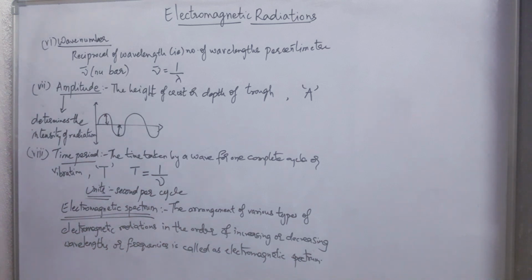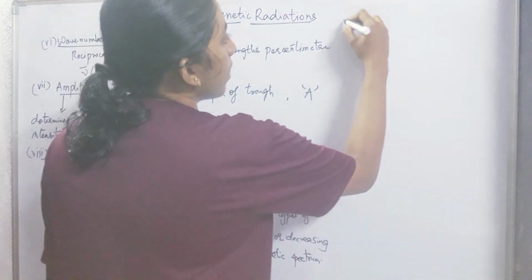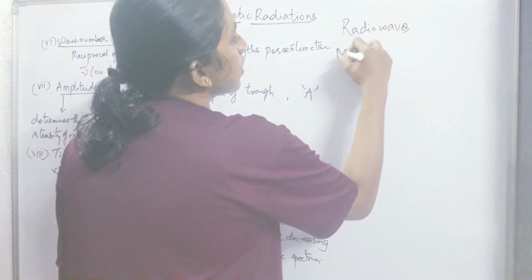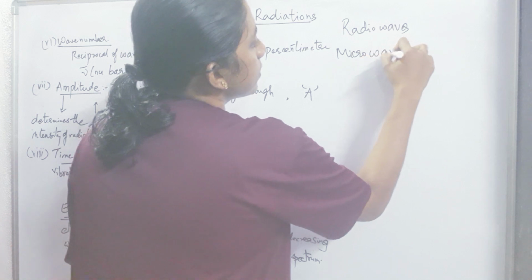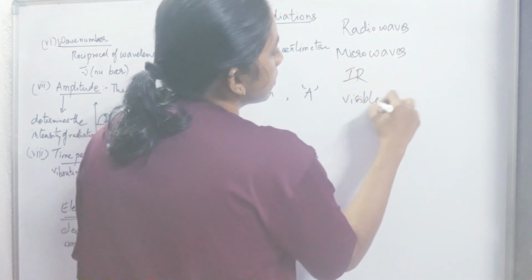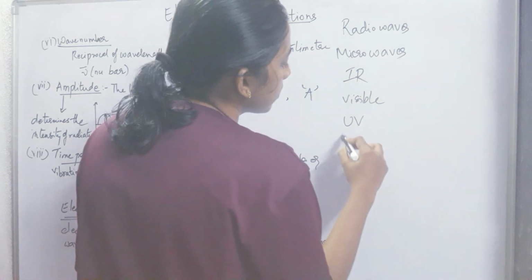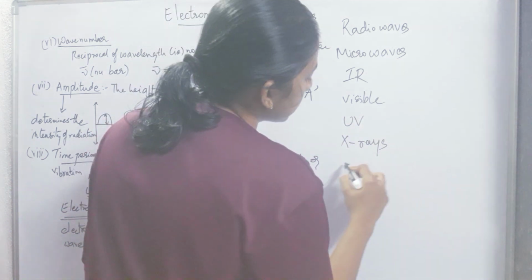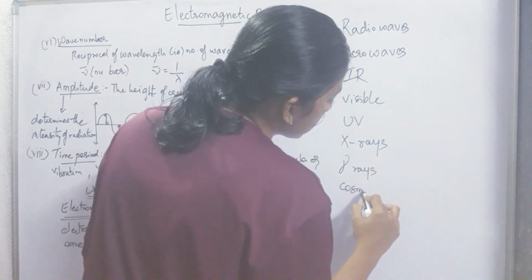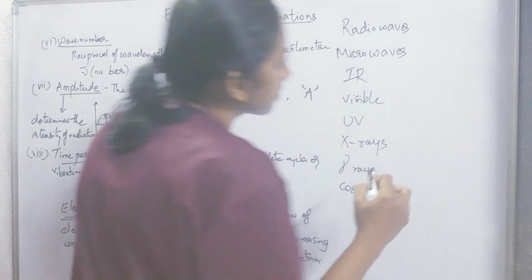The arrangement of various types of electromagnetic radiations in the order of increasing or decreasing wavelengths or frequencies is called electromagnetic spectrum. So we have radio waves, microwaves, IR, visible, UV, X-rays, gamma rays and cosmic rays.